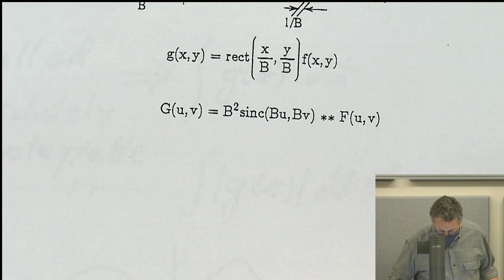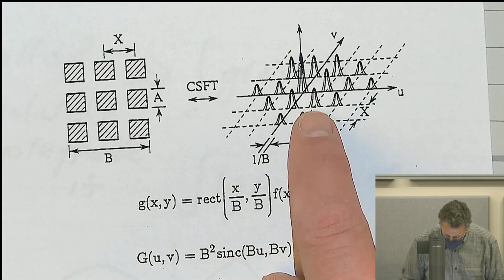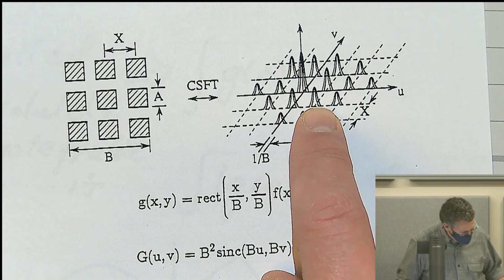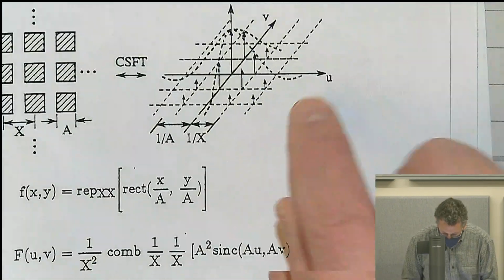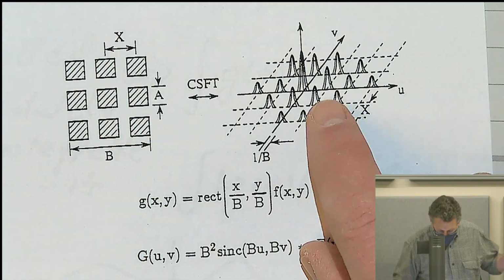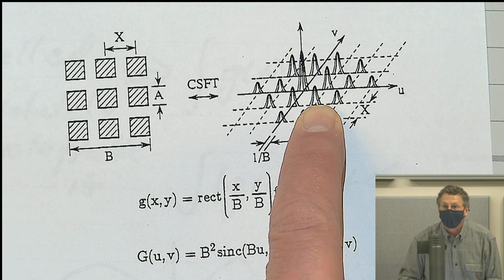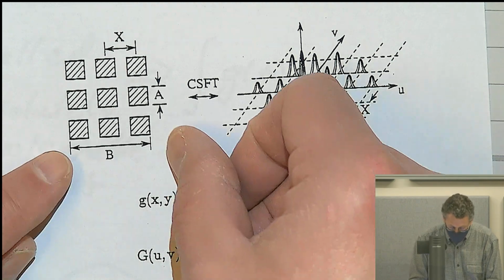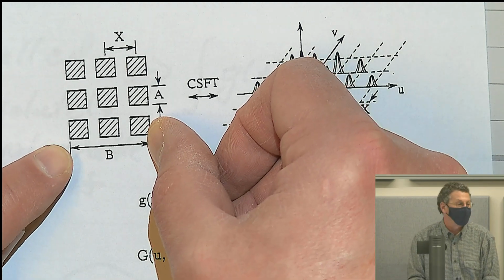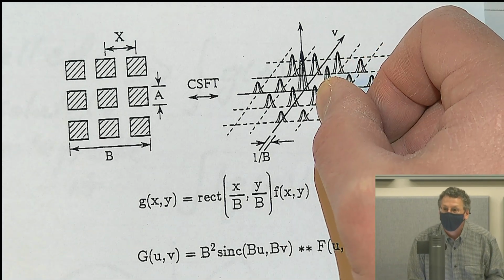And then finally, if we put a window, then you get these little sinc functions instead of nails. So instead of having a little nail at each point, which is a 2D impulse, you approximate the impulse by a little sinc. And the size of the sinc is proportional to 1 over the size of the window. So if the window is really big, the sinc gets really small.